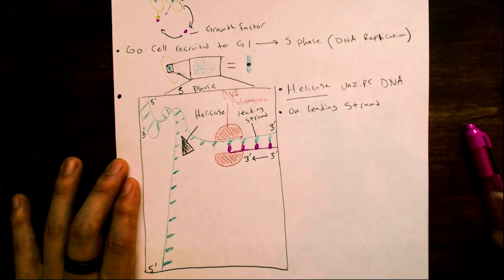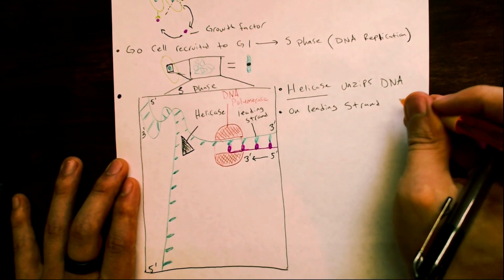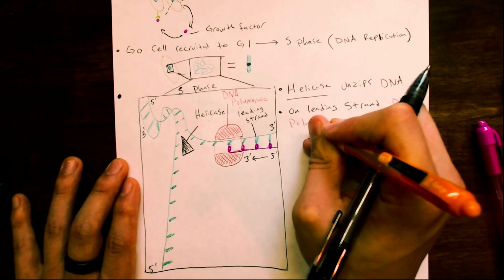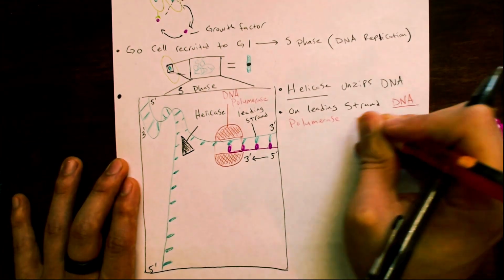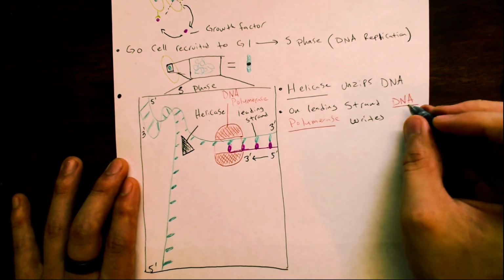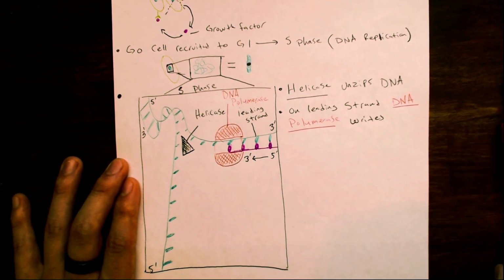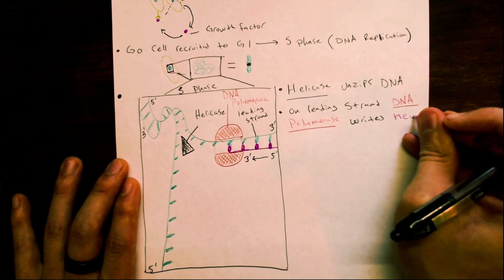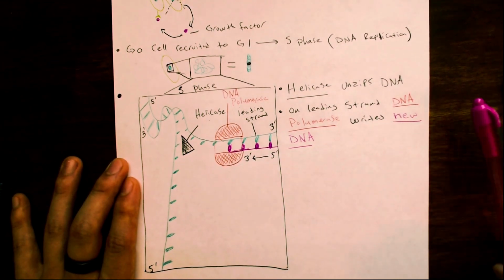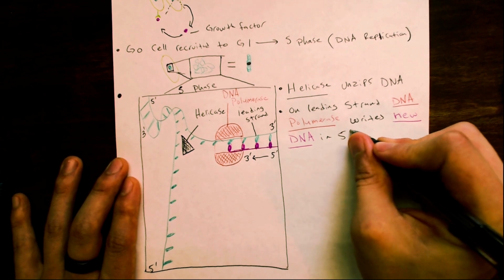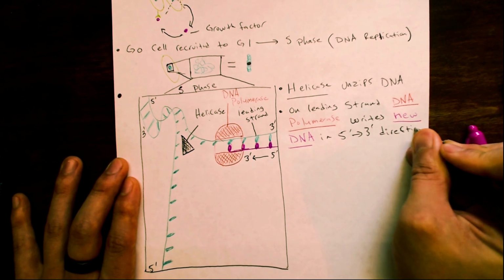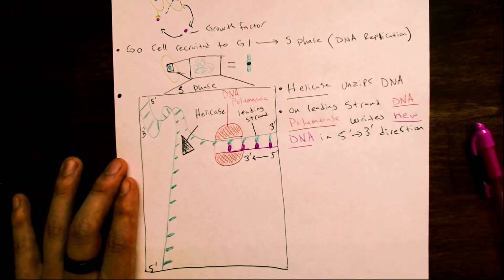So on the leading strand, DNA polymerase writes new DNA, that's pink, I'll underline that too, in a 5' to 3' direction.